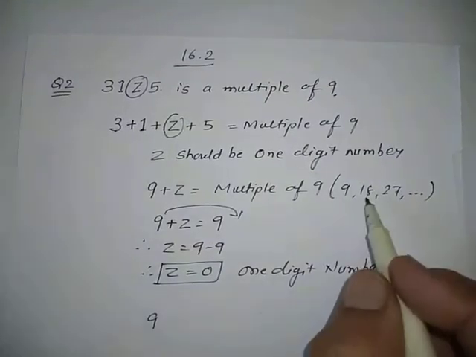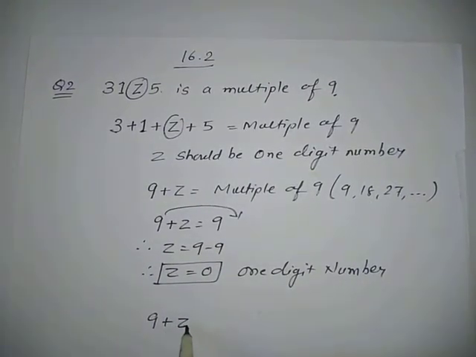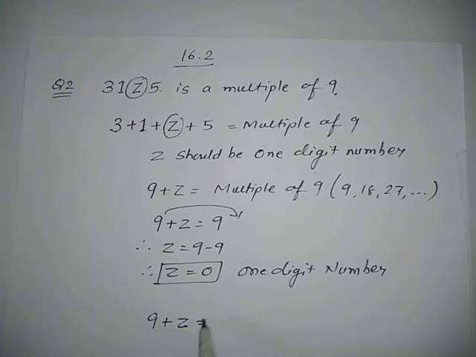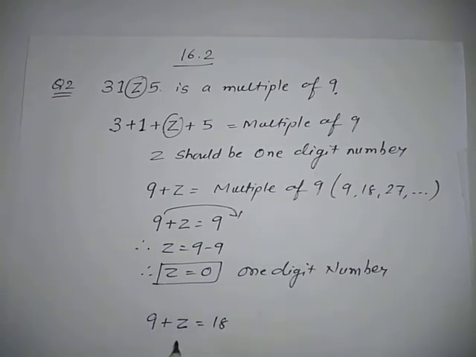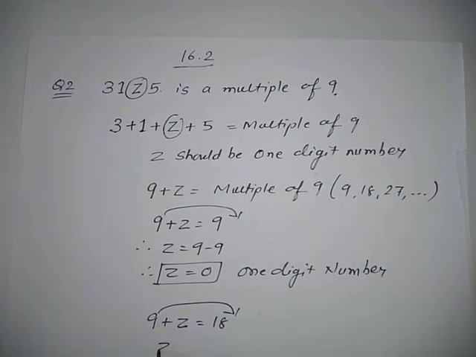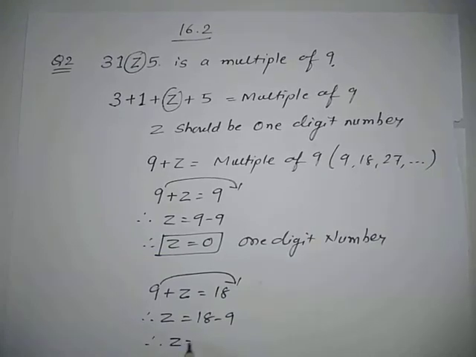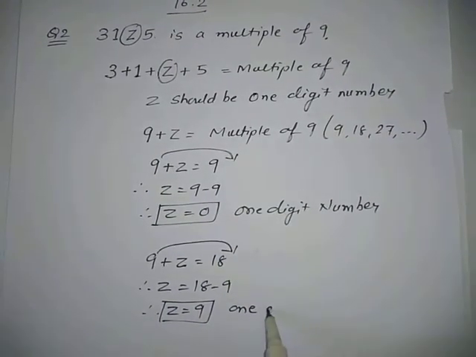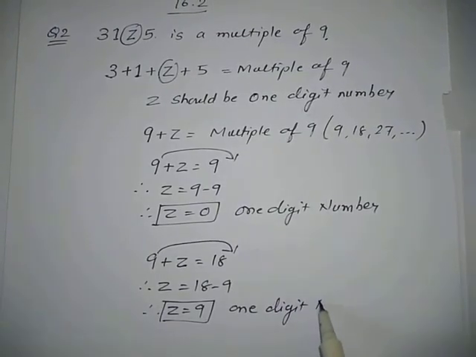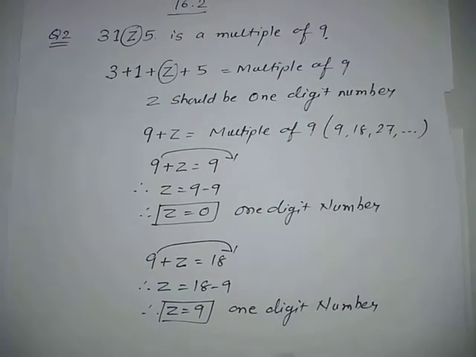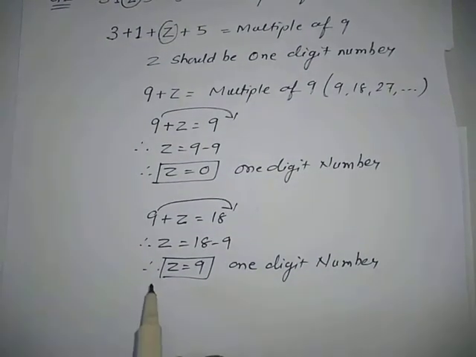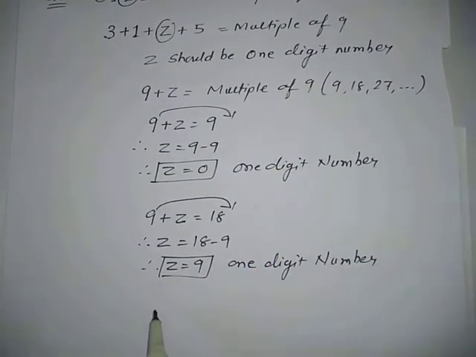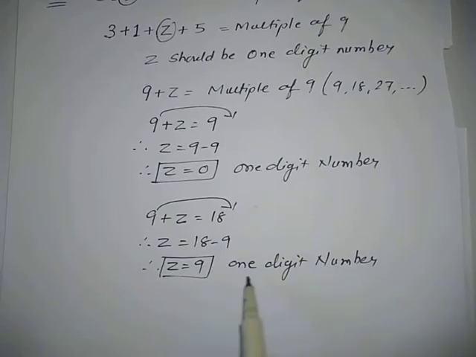We can take another, 9 plus z is equal to 18, because 18 is also a multiple of 9. So z is equal to 18 minus 9, and the z value will be 9, and this is also a one digit number. Clear friends? Now this is also possible, z is 0 and z can be 9 also.